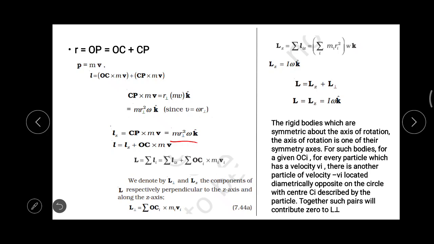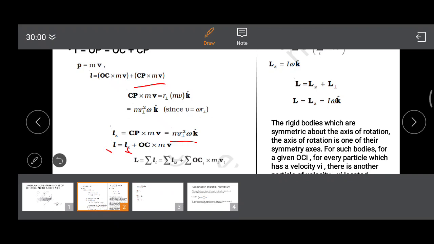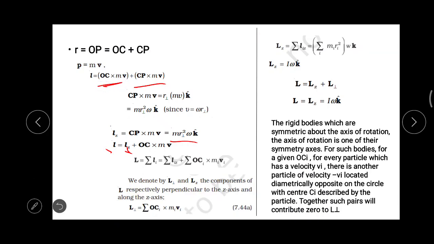Now consider the total angular momentum. We have considered the component of angular momentum, that is, one portion of the angular momentum value, CP cross mv. Now the total angular momentum L will be equal to this Lz plus OC cross mv.